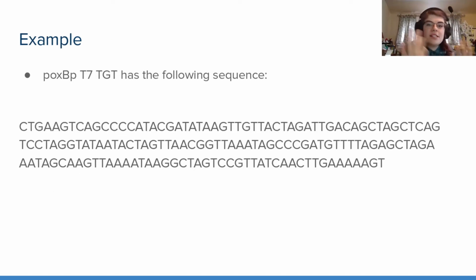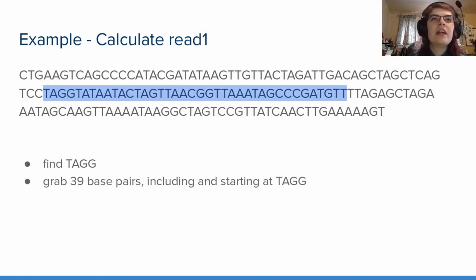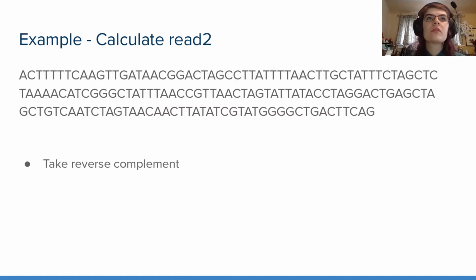So for an example, let's say that we have this sequence. I'm not going to read the whole thing out, that would be silly, but it's this one here. To calculate read 1, the first thing we need to do is find this 4-letter sequence TAGG. And then we grab the 39 base pairs, including TAGG, and that's what read 1 ends up being.